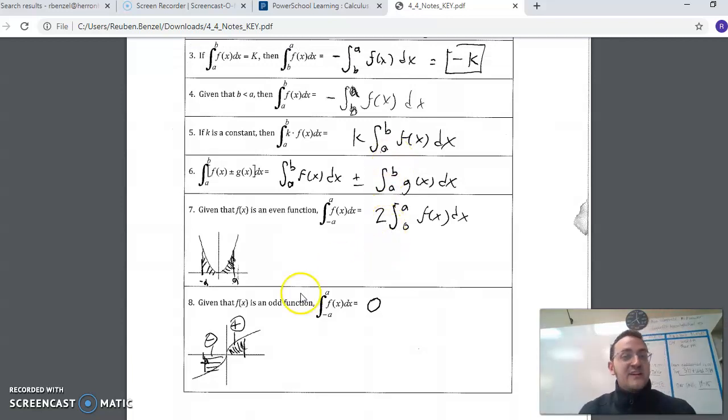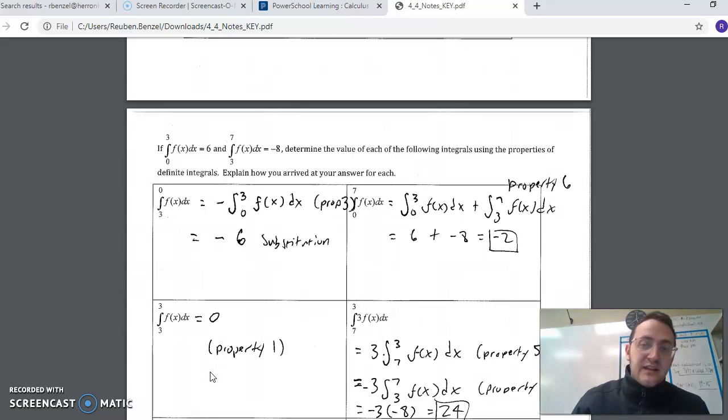And then on odd functions, things like our typical cubic or a linear function, when we have the symmetrical limits, negative a to a, the value is 0.